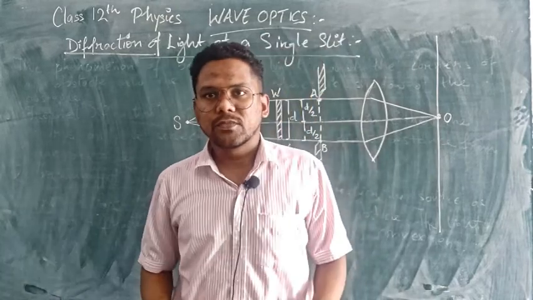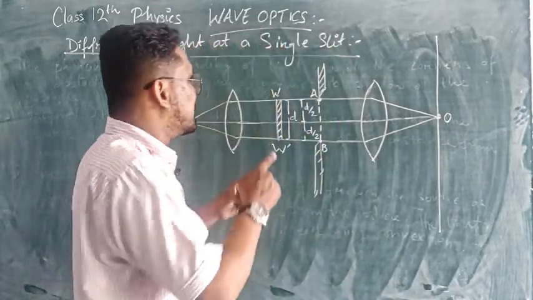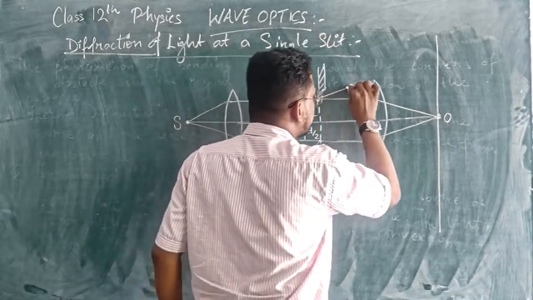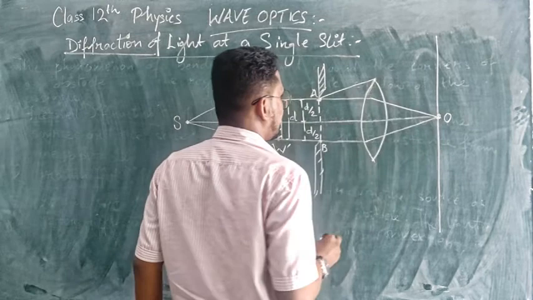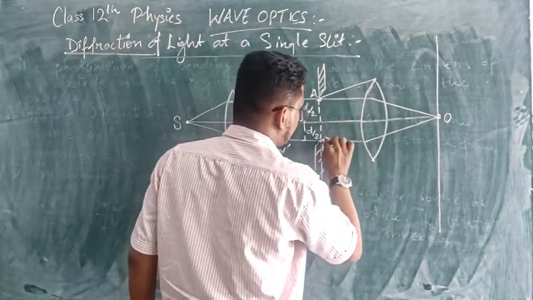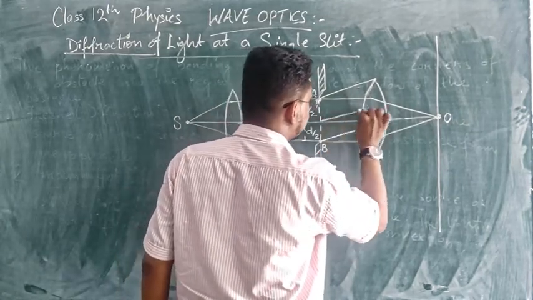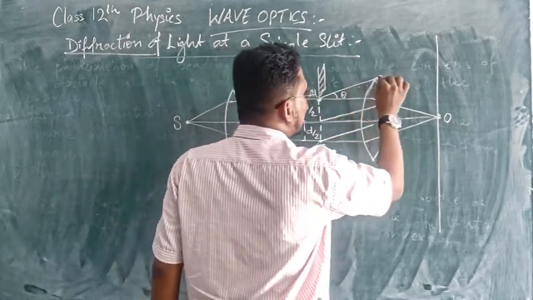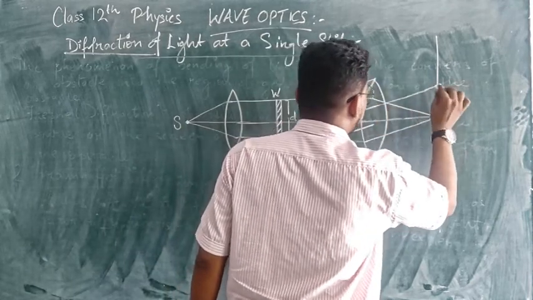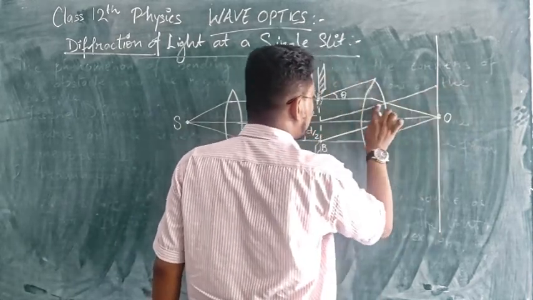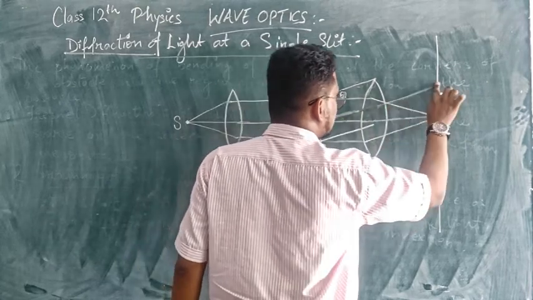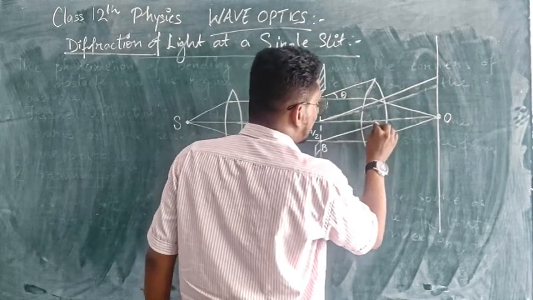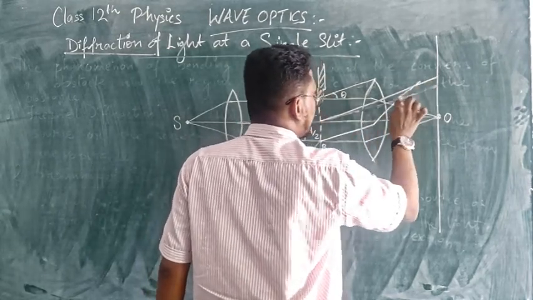Now, because of this slit, the light tends to move in a different direction, changes the direction, by the same angle at every point. This angle is theta. All of them will be theta, and then they will meet at a different position also. This angle is not seeming to be theta, lesser it is. Now, what will happen now? Oh, sorry.